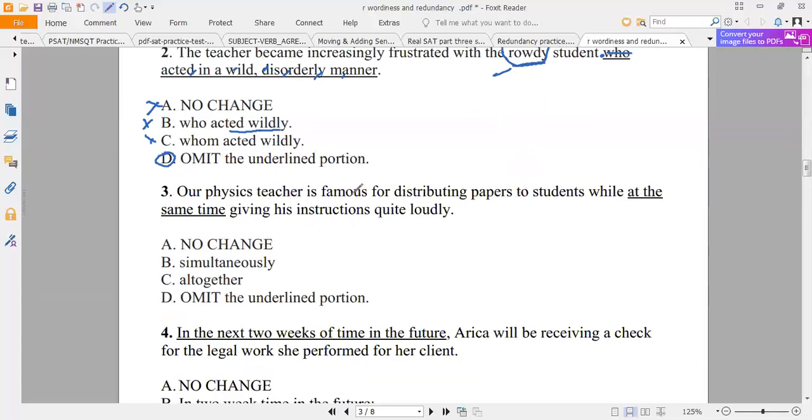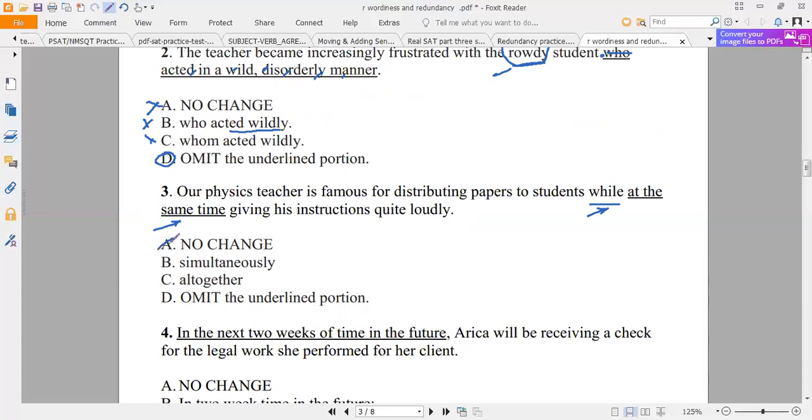Our physics teacher is famous for distributing papers to students while at the same time giving his instructions quite loudly. redundancy هنا موجود مع كلمة while اللي هي معناها at the same time وكلمة expression أو prepositional phrase اللي هي بتقول at the same time. نفس المينينج. يبقى هنا repetition is found between the word while and the phrase at the same time.